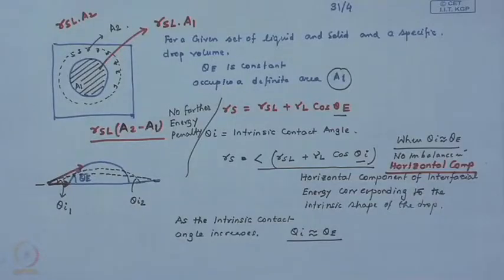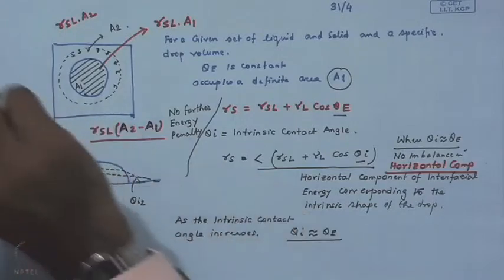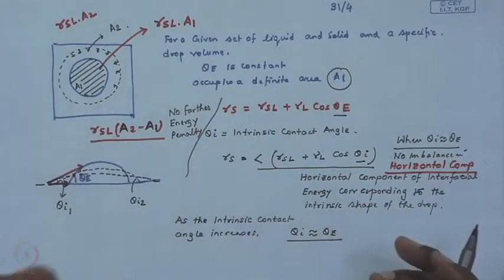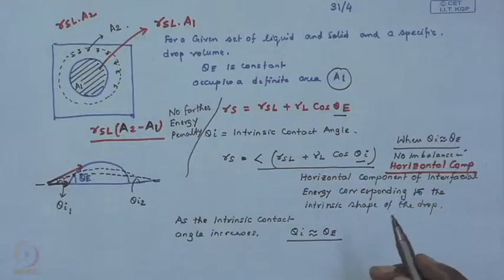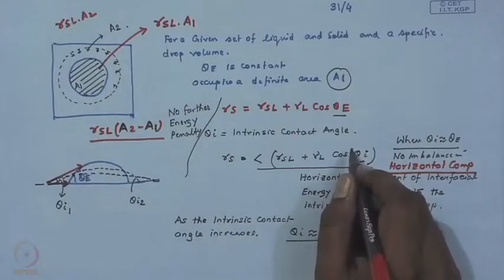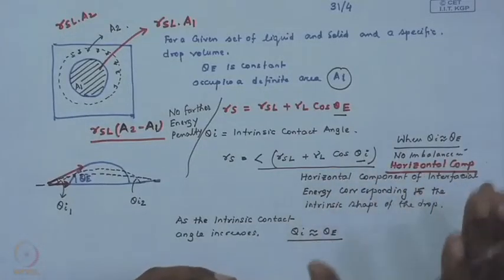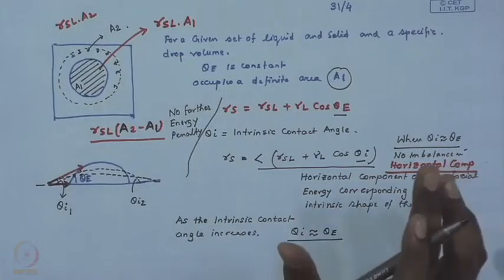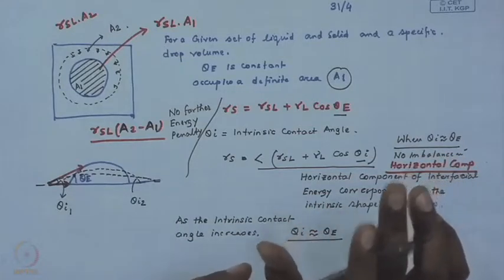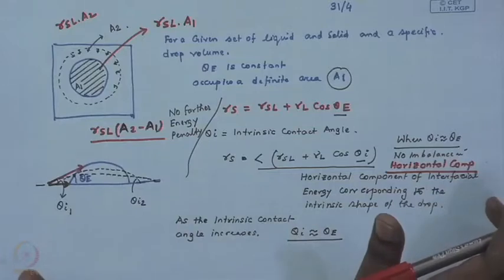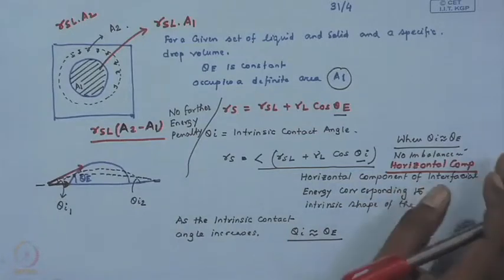Exactly the same way, the intrinsic contact angle, when it retracts, this imbalance progressively goes on reducing with theta I gradually increasing, and when it matches theta E, the dynamics stops.